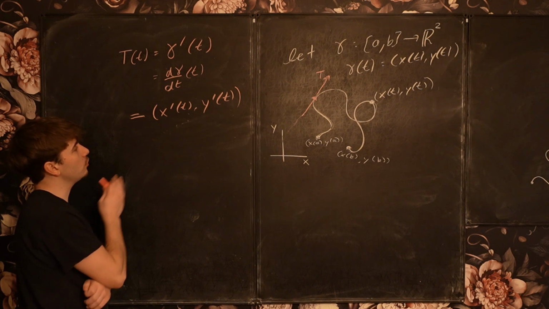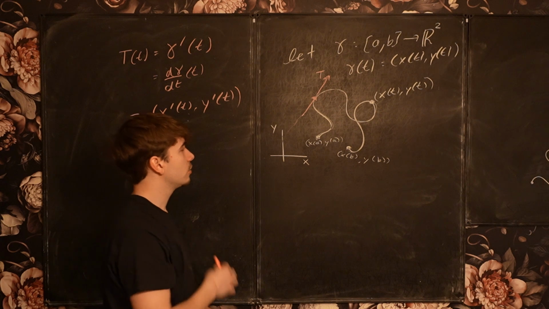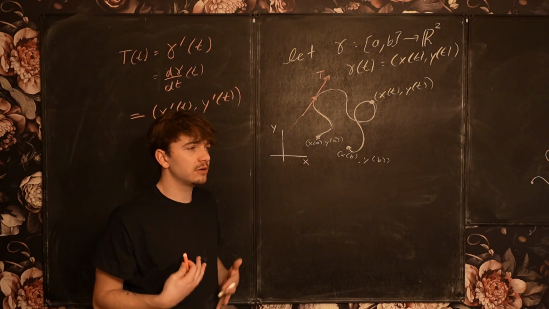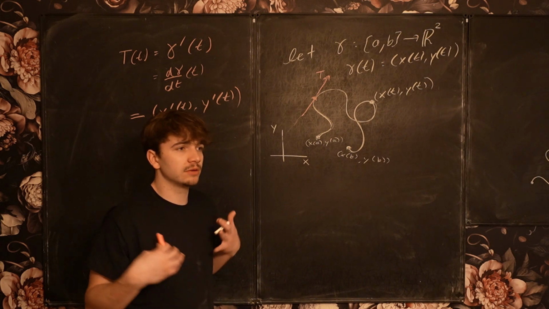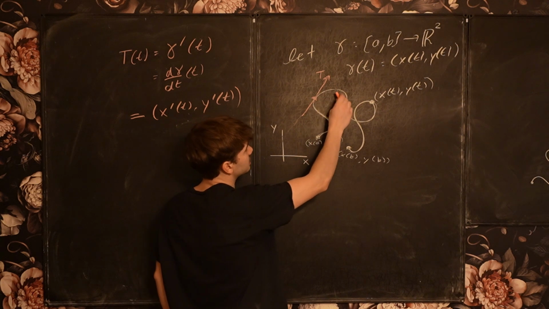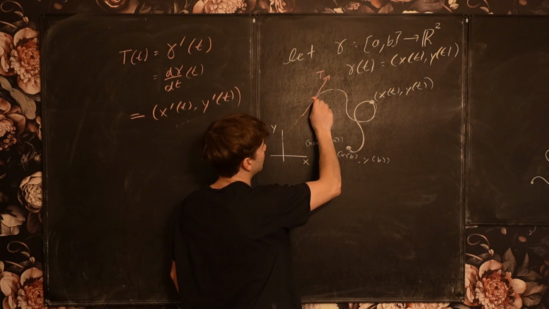Now, why is this the correct notion of the tangent line? Well, the idea for why this is the tangent line stems from the same idea as the ordinary calculus derivative. So the way that I could calculate this tangent line is first by taking a secant line, okay?